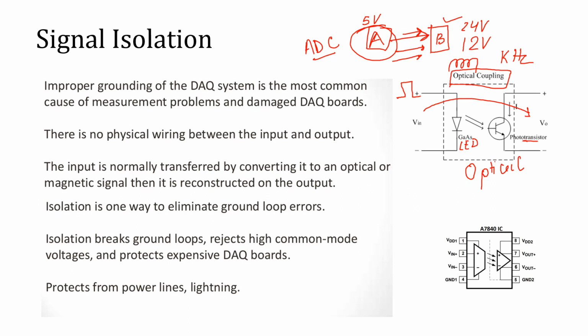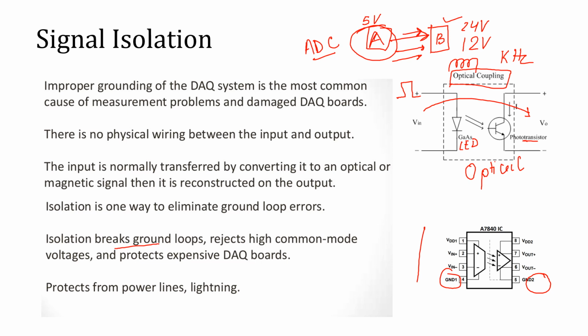Another important thing is that when we use isolation, we are breaking the ground loops. Now what do we mean by breaking the ground loops? It means the circuit on this side has its own ground and the circuit on the other side has its own ground. So they have different grounding signals, and that is why it is called isolation.